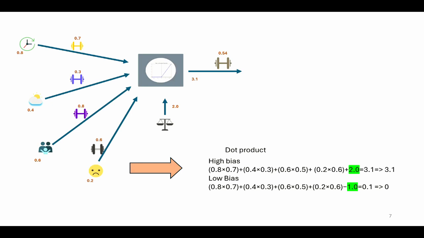Now, the connections that you saw are the weights. So what's happening is, as soon as these numbers come in, which are basically the inputs, the network assigns weights to these connections, and then it multiplies the inputs with the weights.